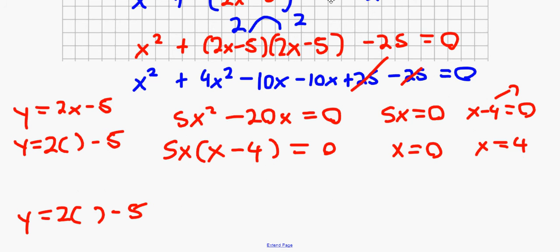Okay, so what's this one? 0. 2 times 0, take away 5. So when x is 0, y is minus 5. 2 times 4, take away 5, 3. There you go. You only lose marks if you didn't get y.